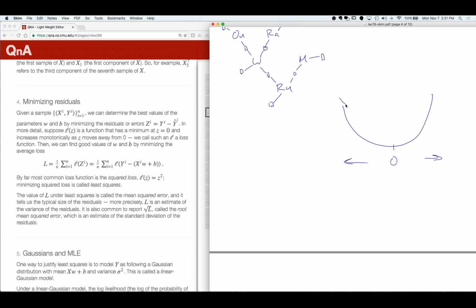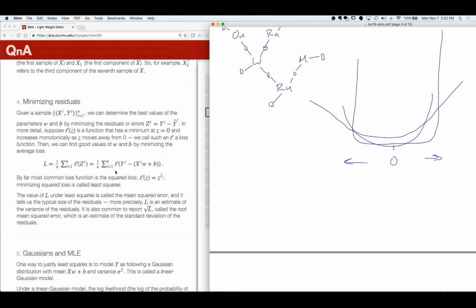Sorry, that was supposed to have a minimum at 0. There are a lot of different shapes we could have for loss functions. We're going to use squared loss, meaning that the loss is just the squared value of the residual. But it's important to realize that you can sometimes achieve different properties by picking a different one.